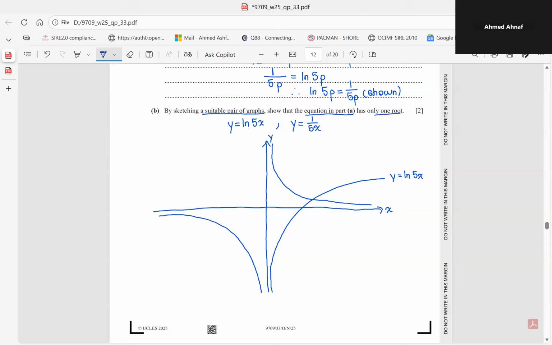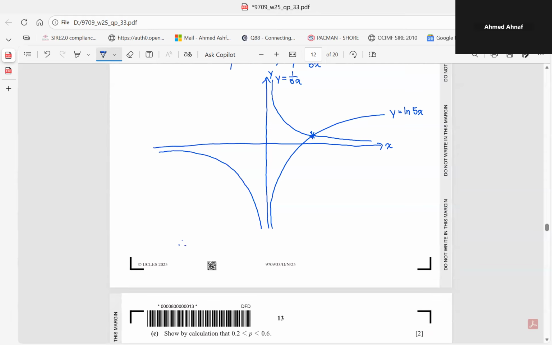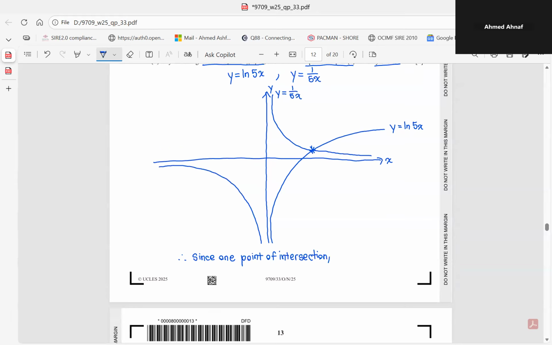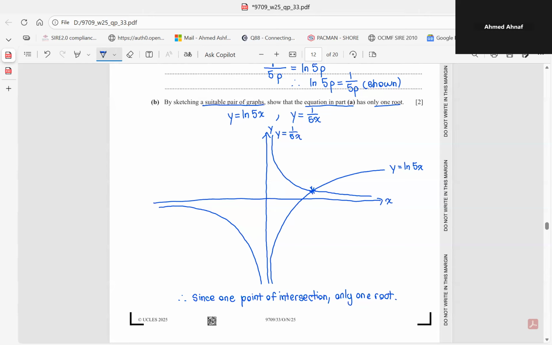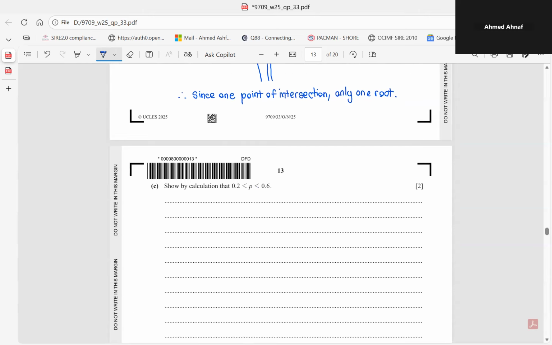Yeah, so this is y equals 1 over 5x. And we can see there's only one point of intersection. So we can state, since one point of intersection, only one root. So yeah, this would be a final answer for this part. Let's head on to the following part.